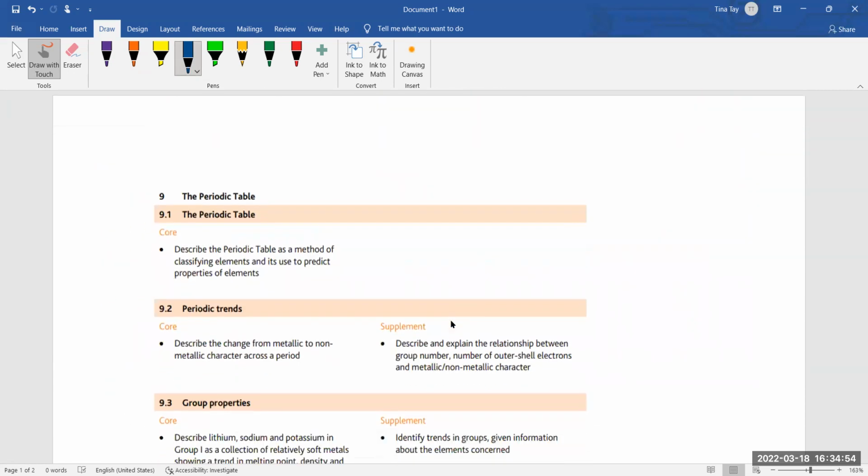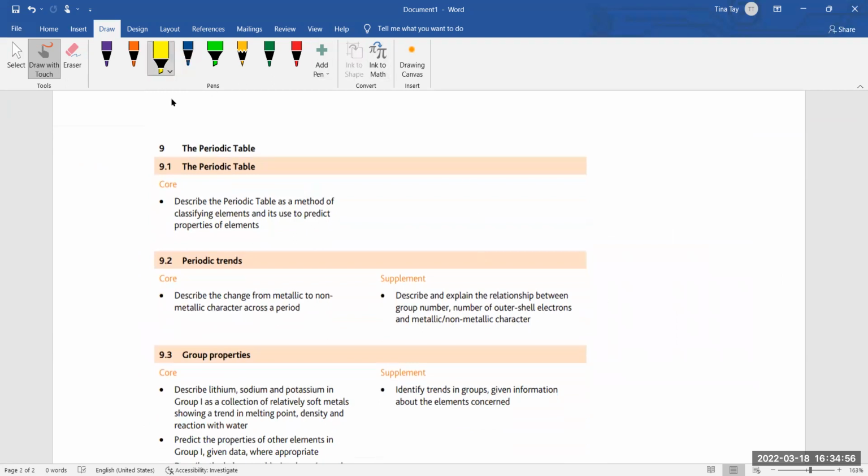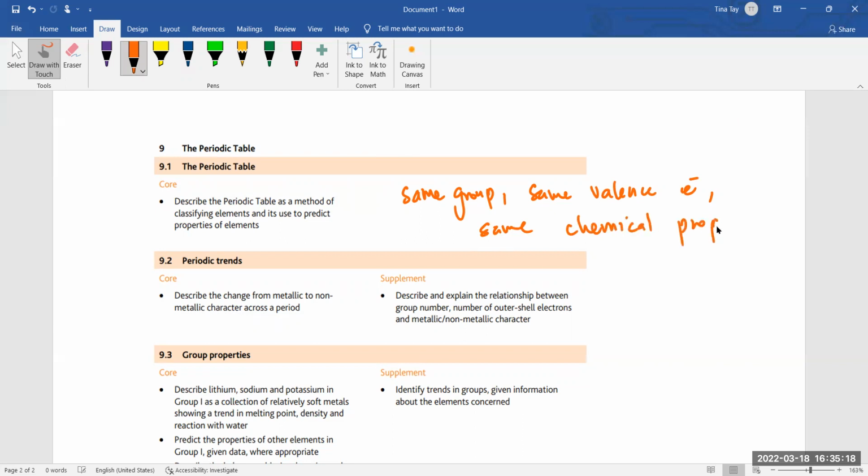The periodic table is a method of classifying elements to predict their properties. Why can we predict properties? Same group, same valence electrons, same chemical properties.